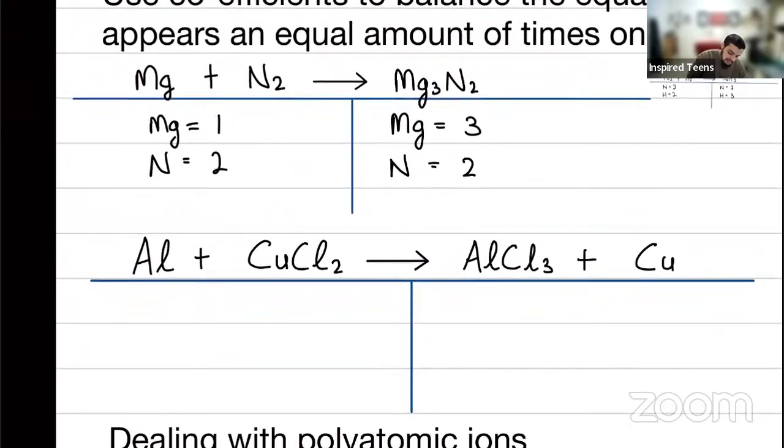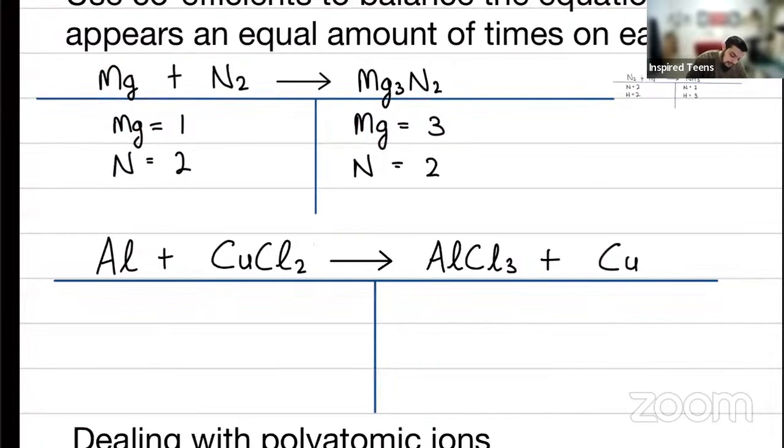So nitrogens are fine because there are 2 nitrogens on the left and 2 nitrogens on the right. So those are balanced. However, magnesium is not fine. On the left-hand side, I have 1. On the right-hand side, I have 3. So this is where our use of coefficients comes in. I can go to the left-hand side and multiply this 1 magnesium by 3 to change this value to 3.